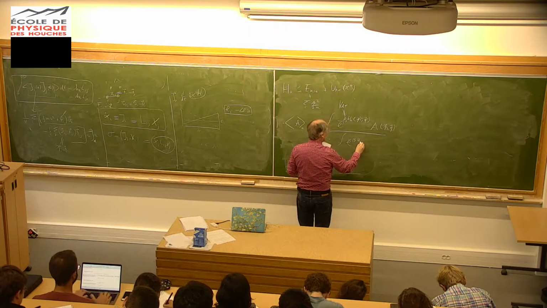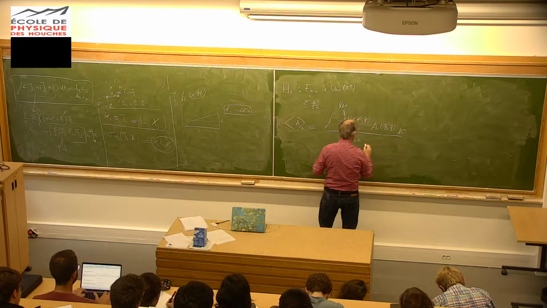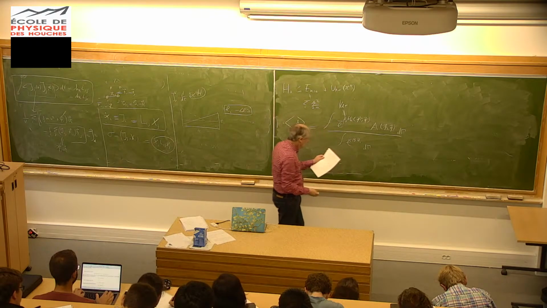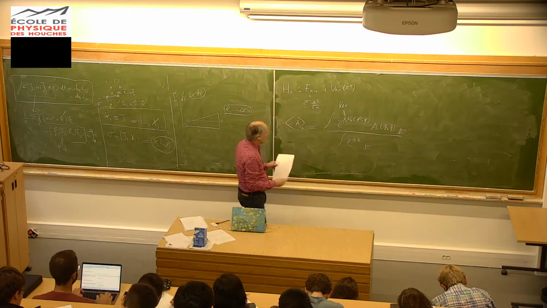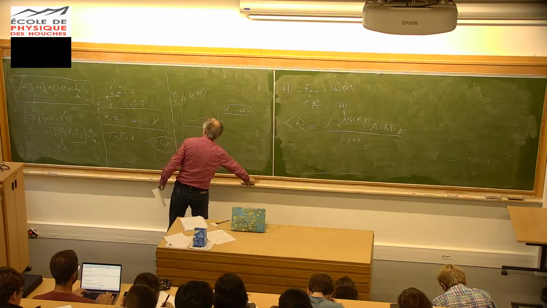I don't repeat the arguments, and of course this is integrated over all phase space coordinates, which I denote by gamma, so that is all the p's and all the q's. Now, this is nothing new. This is more or less statistical mechanics 101.